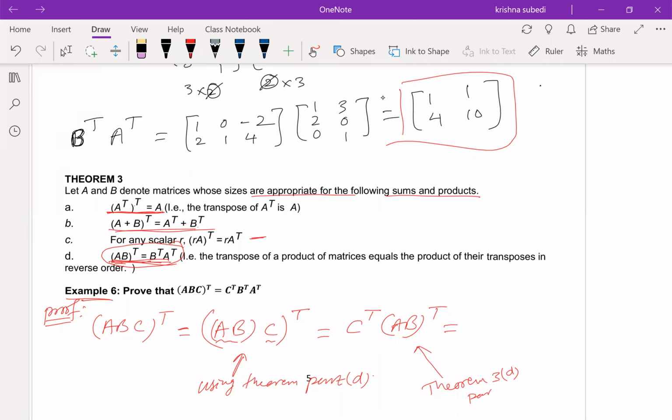Using that theorem, we can say that this will be C transpose and AB transpose is B transpose A transpose. So we proved it.